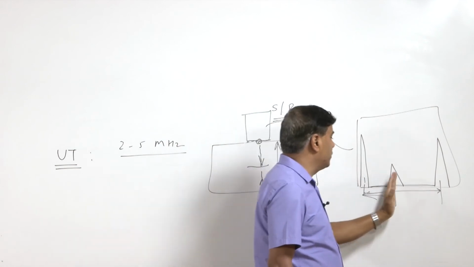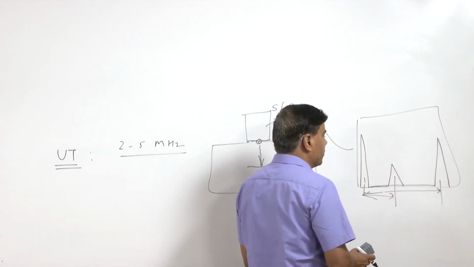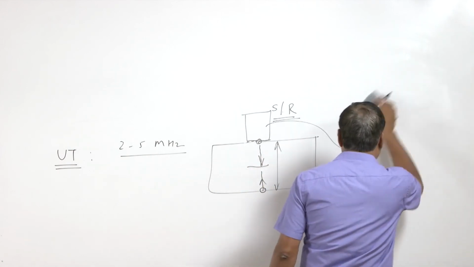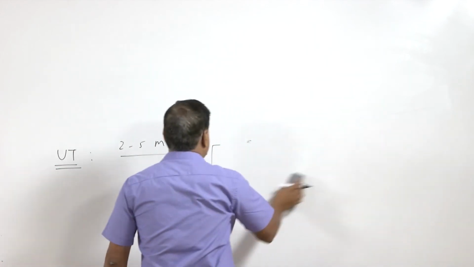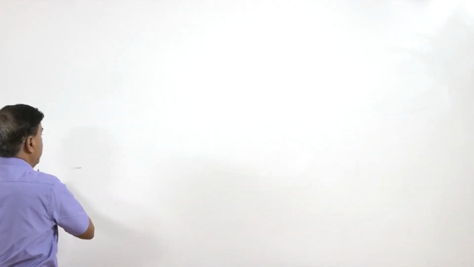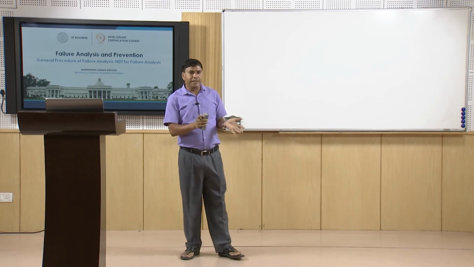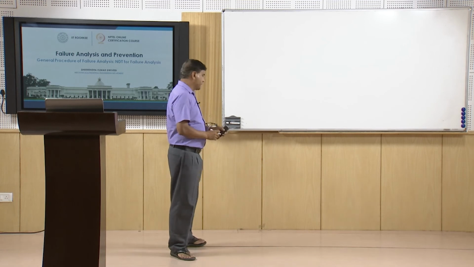So the presence of intermediate peaks suggests the location of such discontinuities in the material. Nowadays, there are very advanced versions of ultrasonic tests where we can see two-dimensional images of the discontinuities with their size, shape and location.